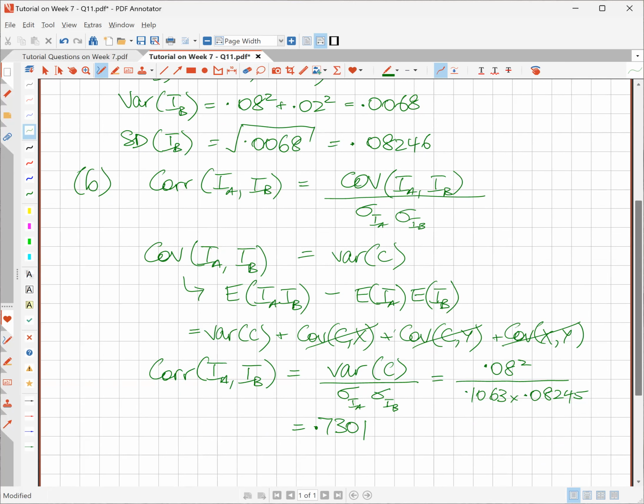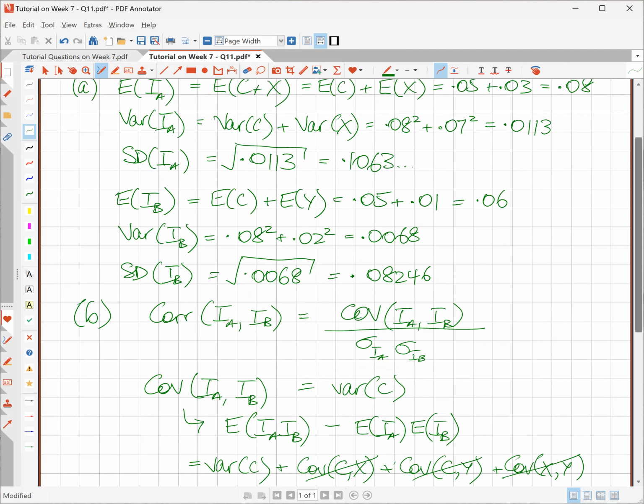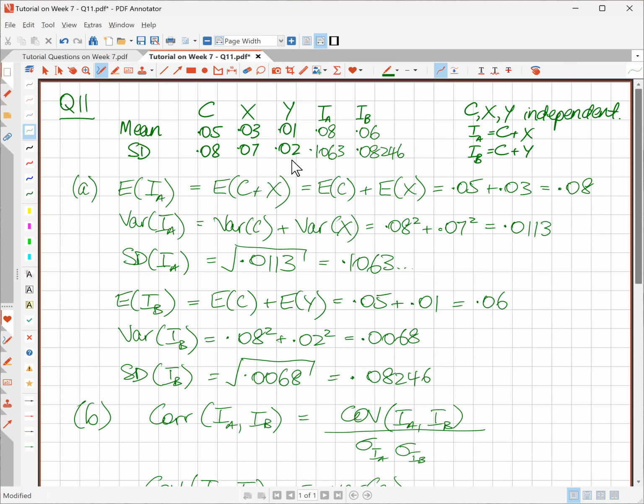And that makes a bit of sense in that the great proportion of the return, especially in asset B, is in fact what comes from asset C. All right, because the expected return on Y is only 1% compared to 5% for C, and also the standard deviation in Y is much smaller than the standard deviation in C. So X and Y, and X is in a similar situation, although less so.